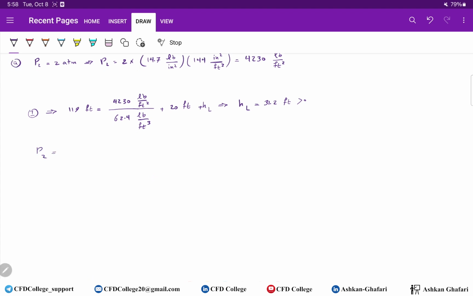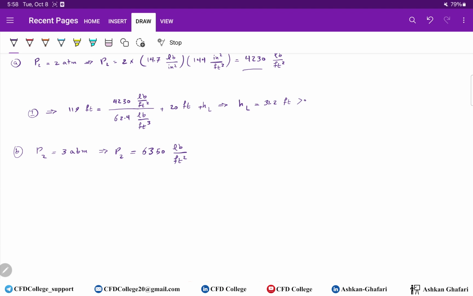This is part A, here is part B. P2 equals 3 atmospheres, you can calculate it, it's similar to this one, it's equal to 6350 pounds per feet square.